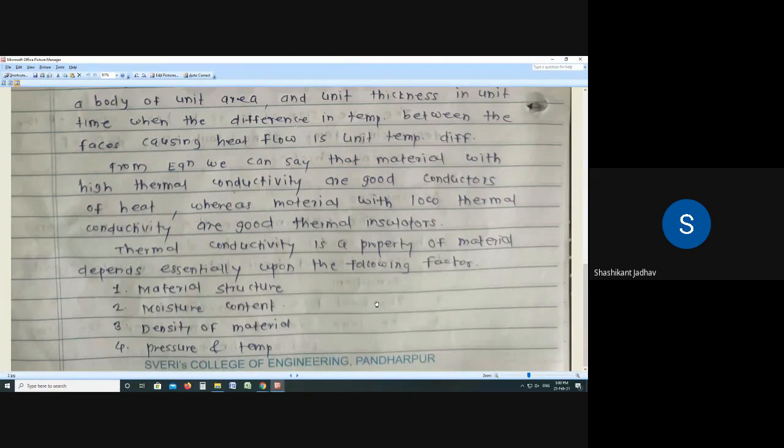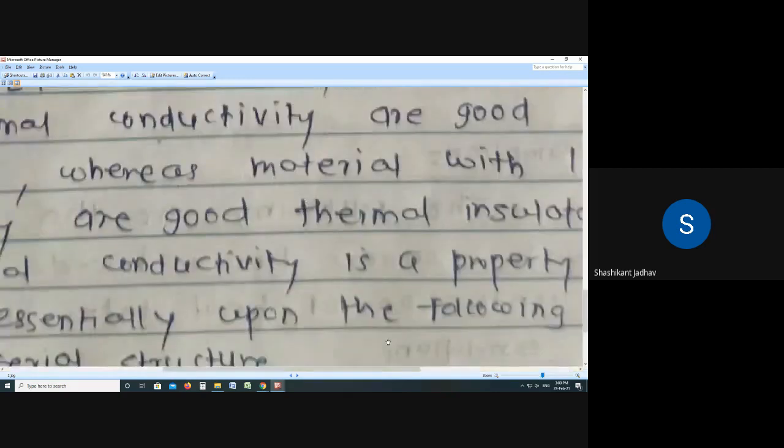So what are the different factors on which thermal conductivity depends? In the first lecture I already discussed that thermal conductivity depends upon the material structure, the moisture content in the material, the density of the material, and the pressure and temperature of the material. So write down the different factors. First one, material structure.